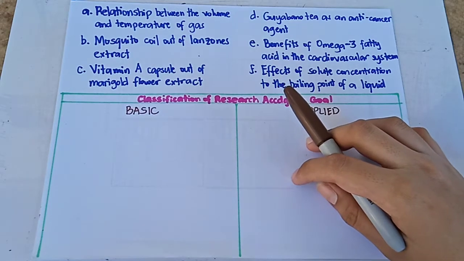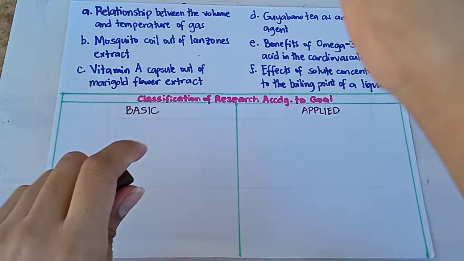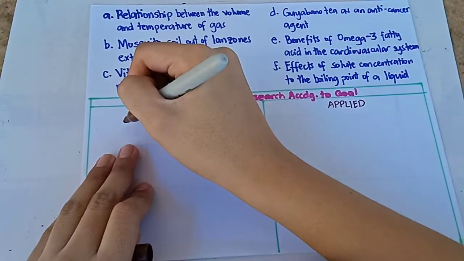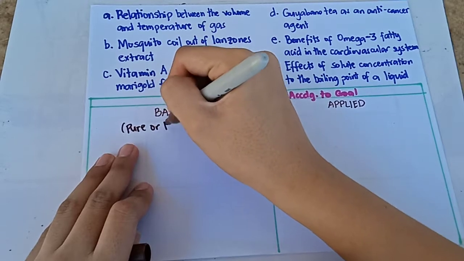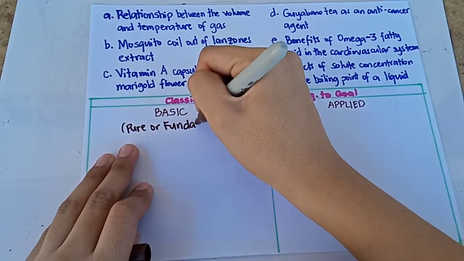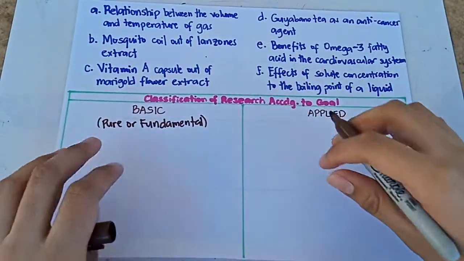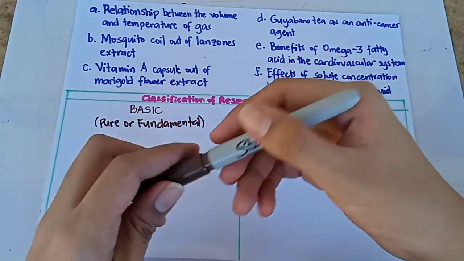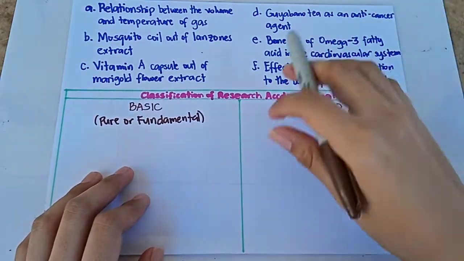Basic research is also known as pure or fundamental research. That is another term for basic research. And then we have applied research.